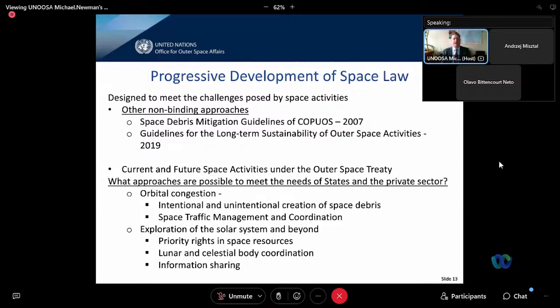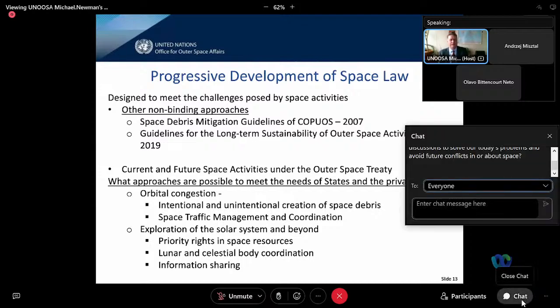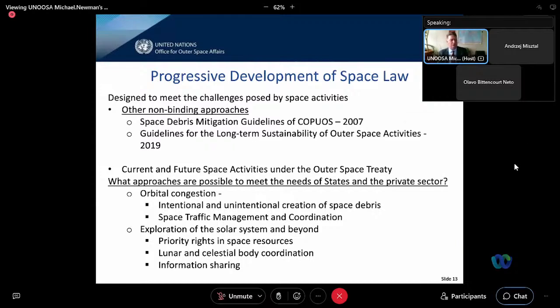This is a great time to be faced with more space activities. Our technological development, we're looking forward at a very fast pace to exploration of the moon. We will see exploration of other celestial bodies, the question of the space resources.